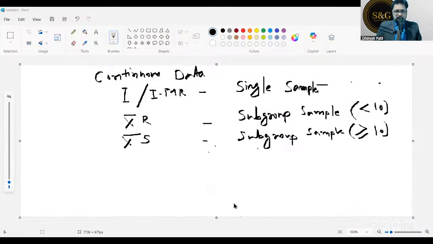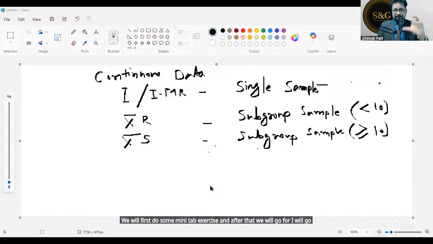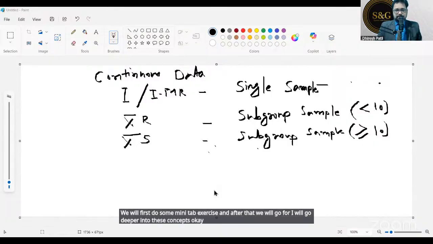Okay. So let me share one Minitab file with you. We will first do some Minitab exercise, and after that, I will go deeper into these concepts. Can I just quickly download this Minitab file?